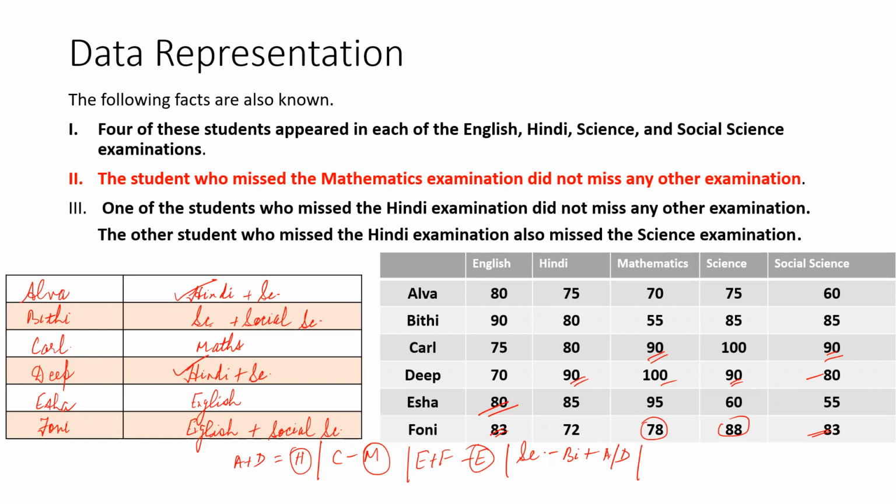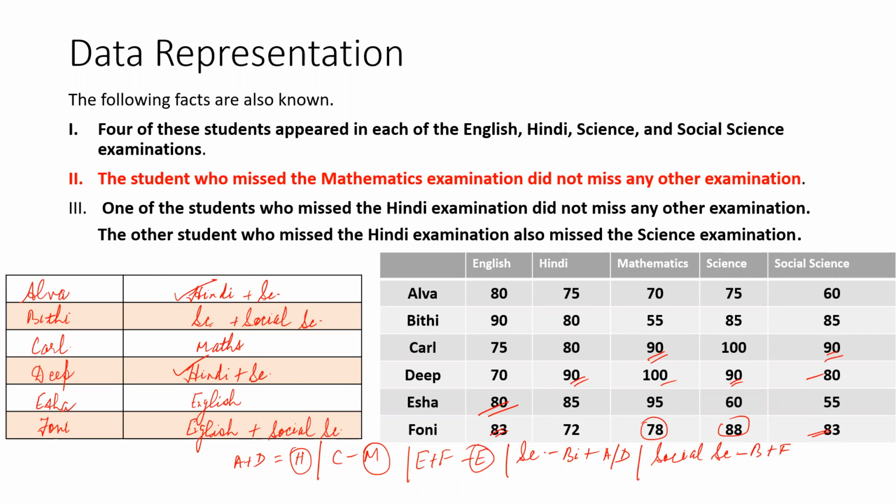And the guy who missed the social science examination, if we look at the table, one is Bitti, the other is Phony. Bitti plus Phony.